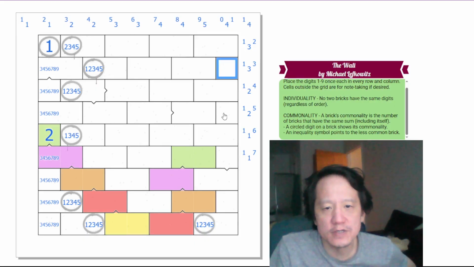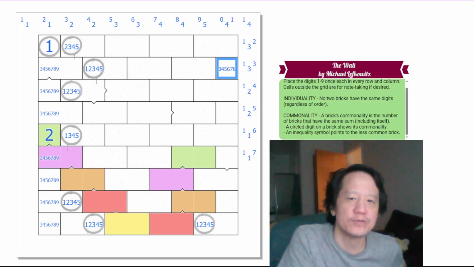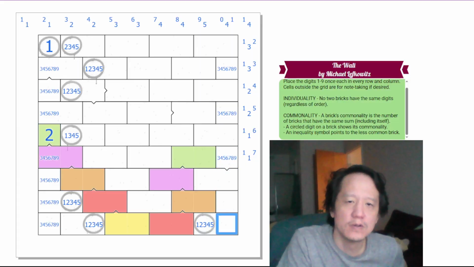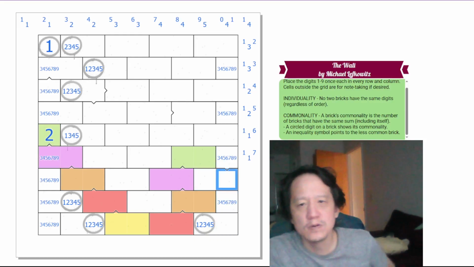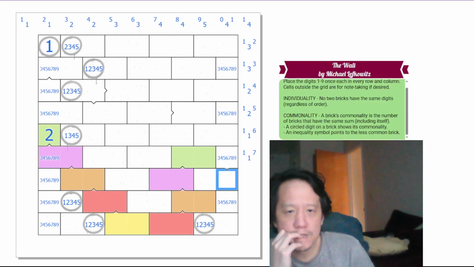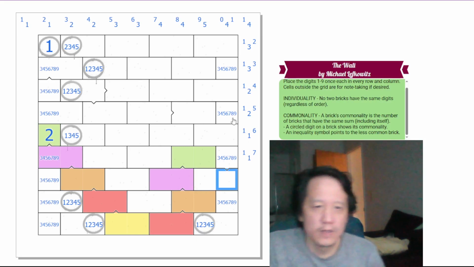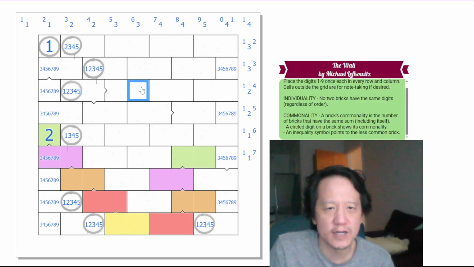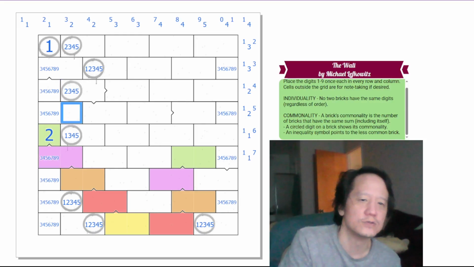So obviously these single bricks here are 3 through 9. This cannot be 1 because it has 2 bricks that it has at least one level that it's greater than. So it's at least 2.